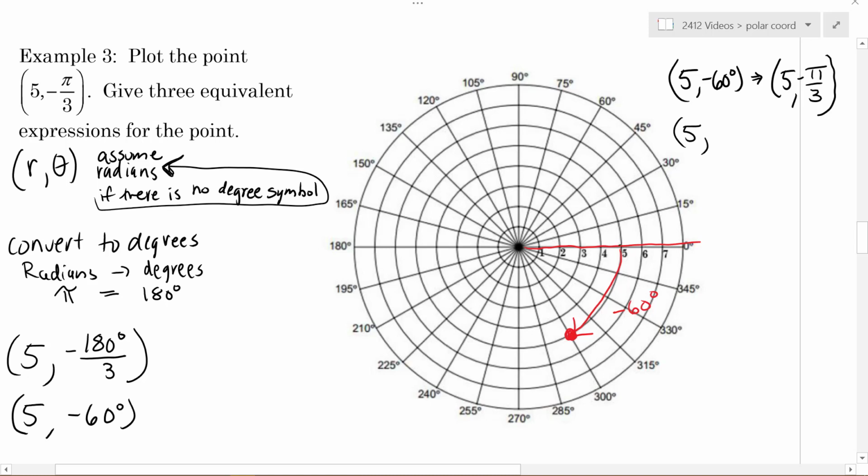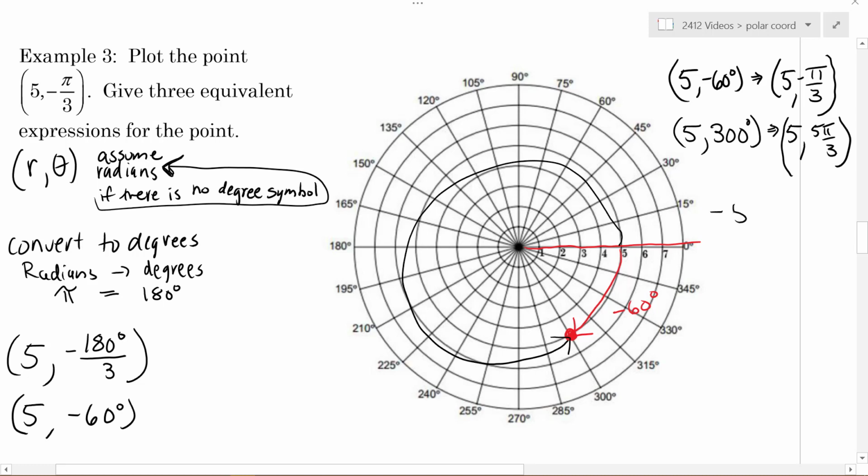Well, I can start at the positive x-axis and rotate in the positive angle direction to get to a positive 300 degrees. Okay, what's the radian equivalent to 300 degrees? Well, from my unit circle, I know that's 5 pi over 3. All right, and those angles are coterminal angles. They're 360 degrees apart.